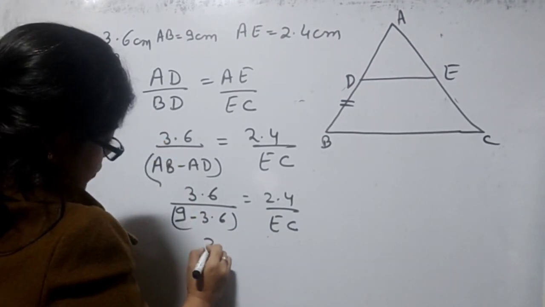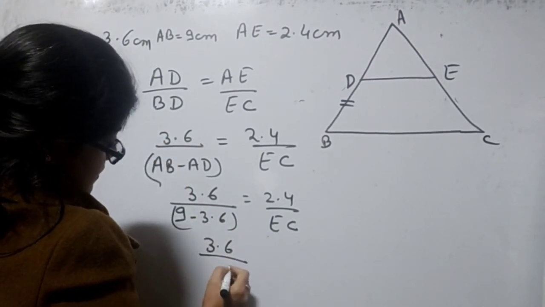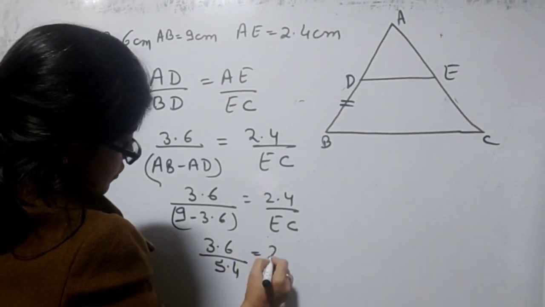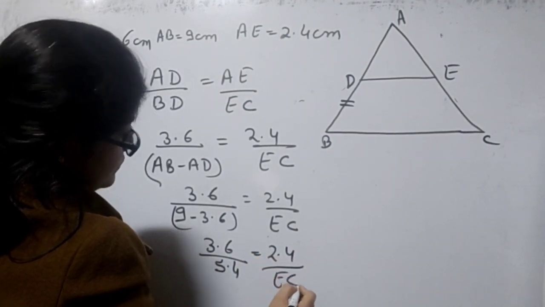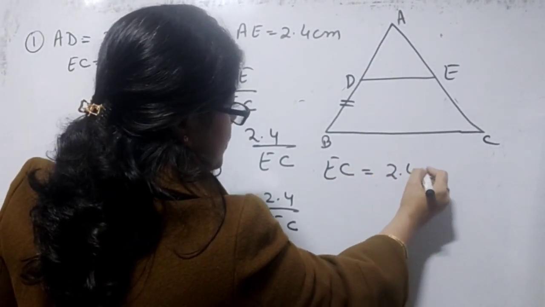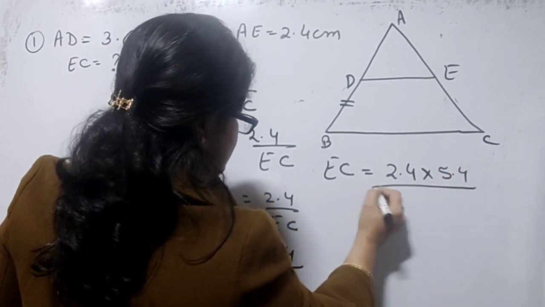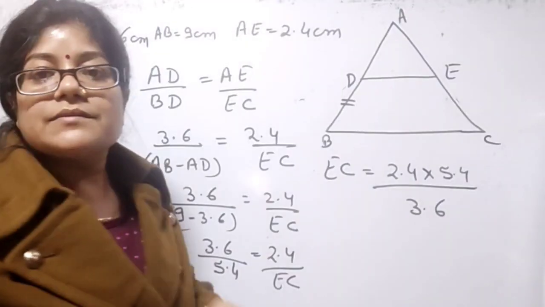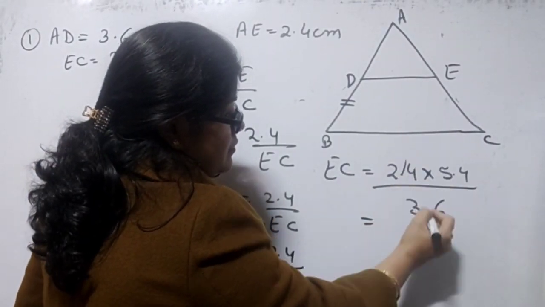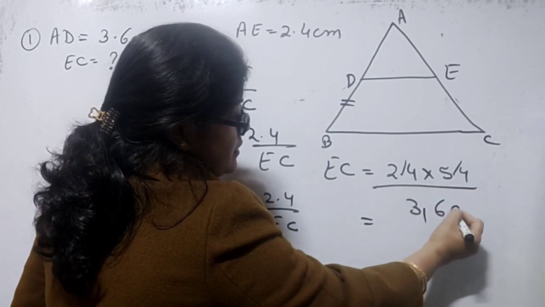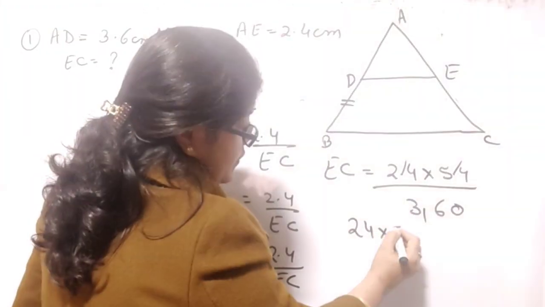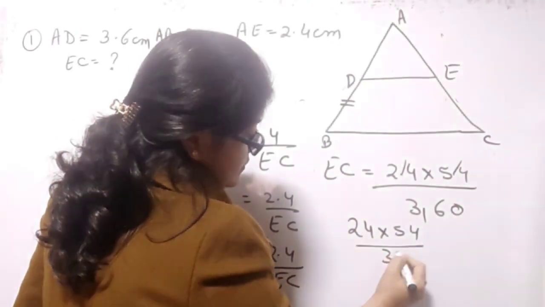When you subtract, we get 5.4, which is equal to 2.4 over EC. When you solve, you get EC is equal to 2.4 into 5.4 over 3.6. When we solve, both the decimals get removed and we get 24 into 54 over 360.